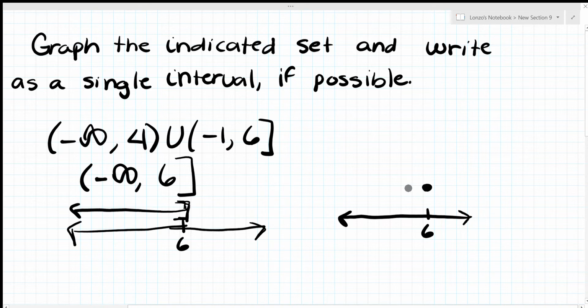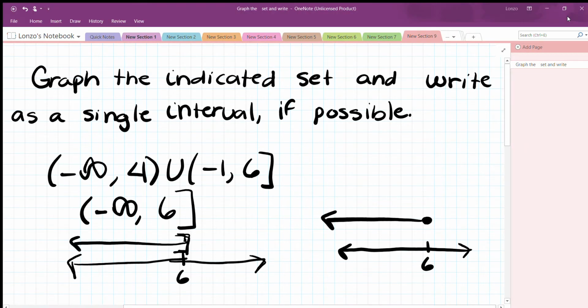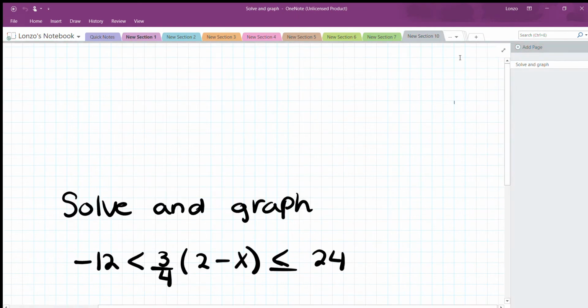And then move it to the left. They're the same thing. So that was that one. What about this one? Okay, whoops, sorry. Let's go back.